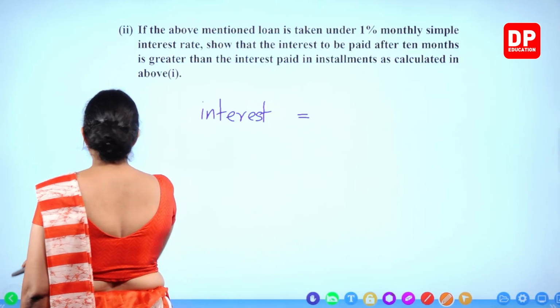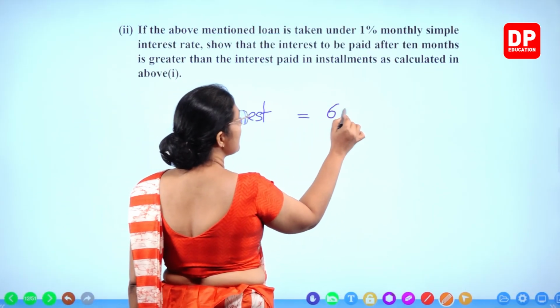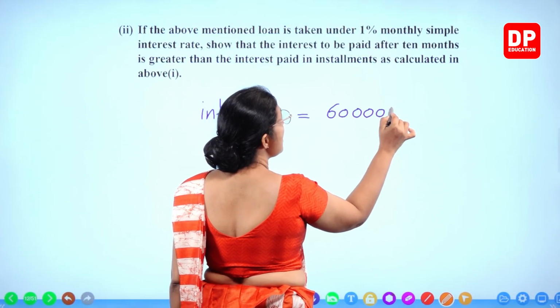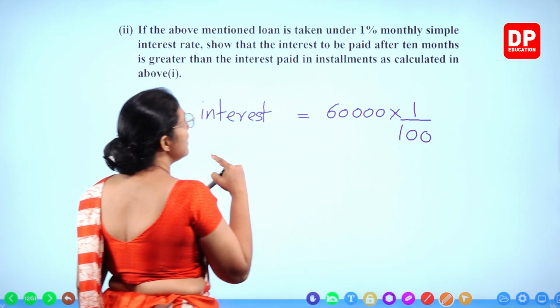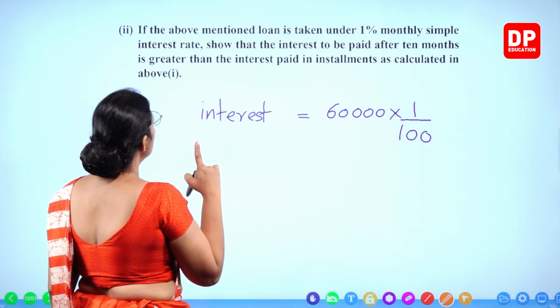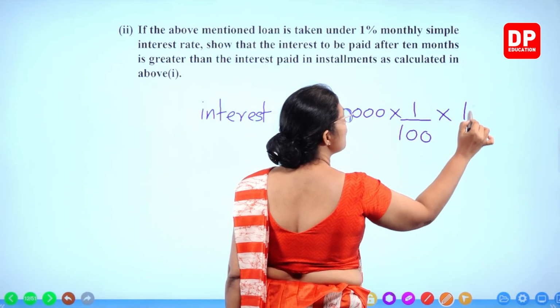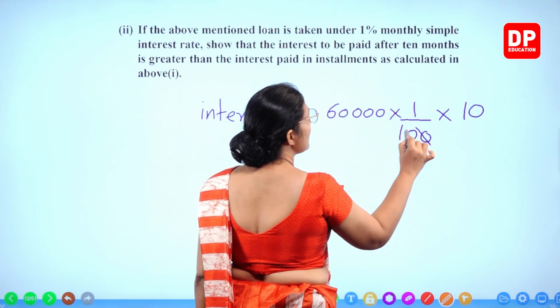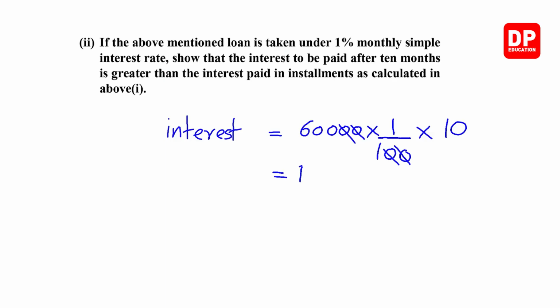What is the amount borrowed? 60,000. 60,000 into 1%. This is monthly. And there are 10 months. After 10 months, so you have to multiply by 10. 2 zeros. Again, this is 6,000.